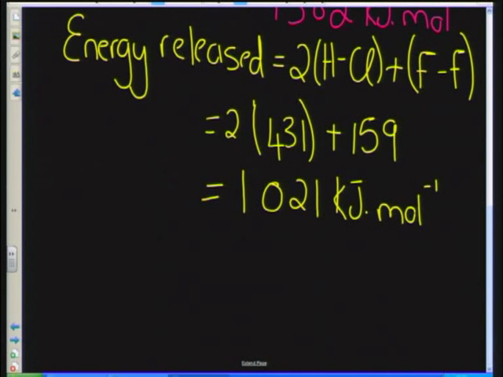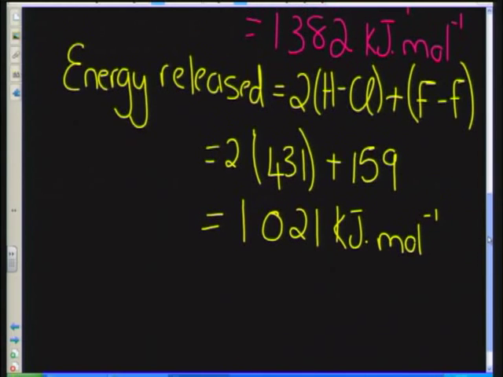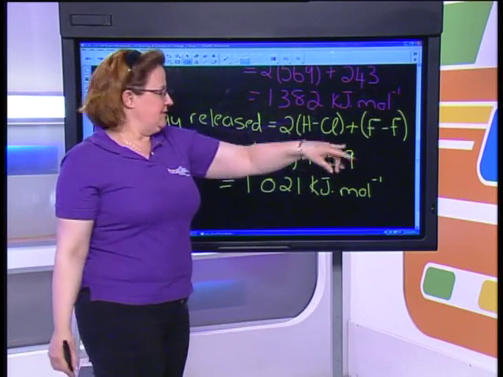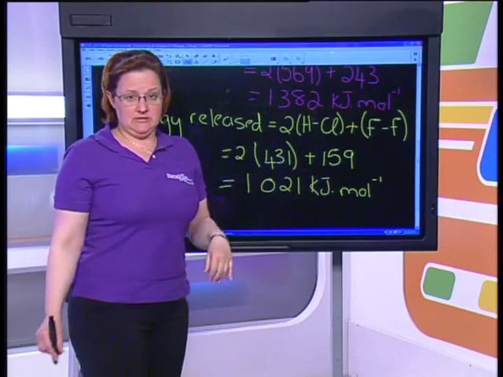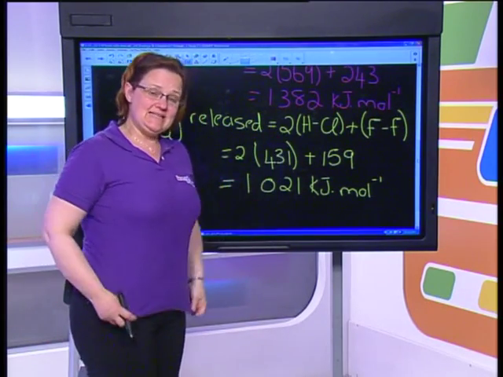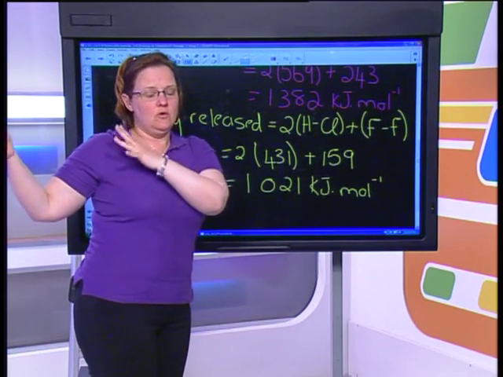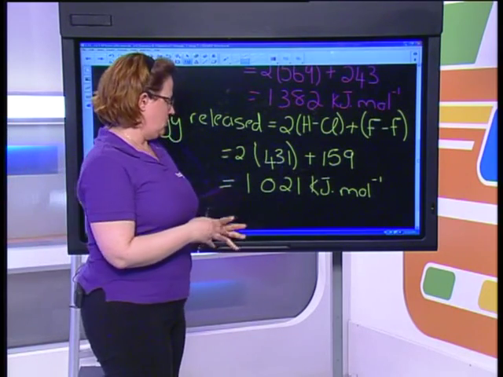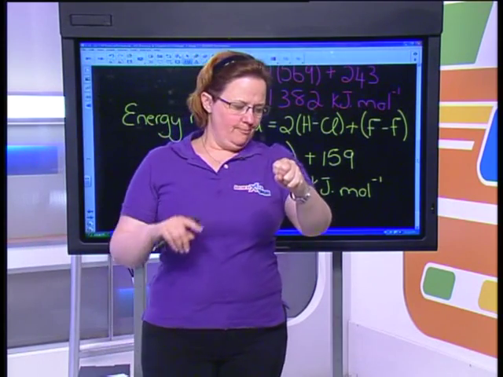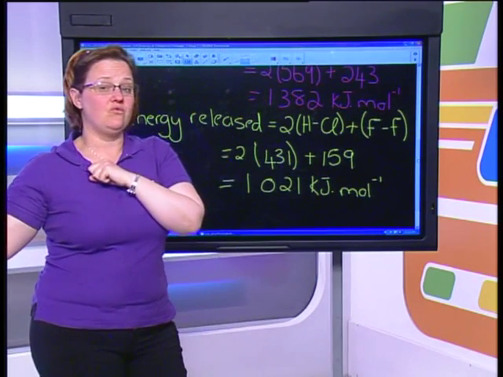So what is this information telling me, grade 11s? In order to break all the bonds, I needed 1,382 kilojoules of energy to go in. When the new bonds are made, I only give off 1,021 kilojoules. So actually, I'm taking in more than I'm giving off.